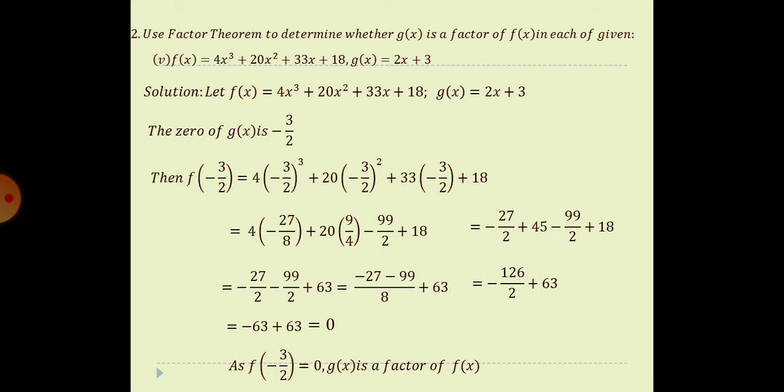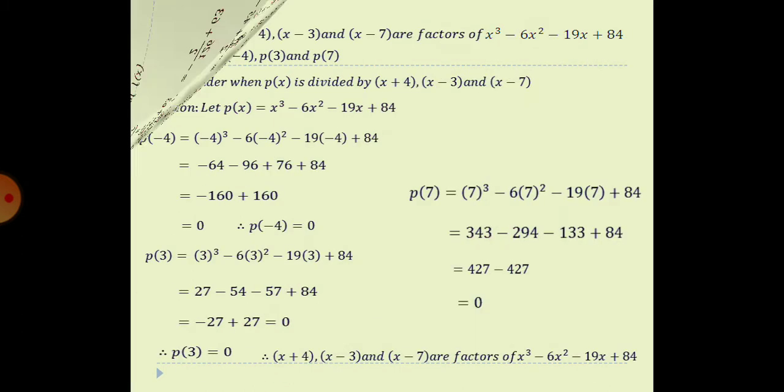Now let us see the next question. The next question is: show that x plus 4, x minus 3 and x minus 7 are factors of x cube minus 6x square minus 19x plus 84. So here what we have to show, children?